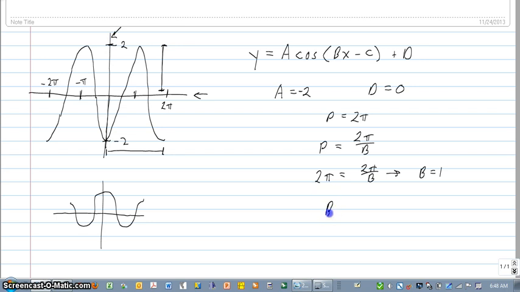So what we said was bx minus c equals 0, and if b is 1 and x is 0, then that means that c must be 0. So we also could have taken this to have been a sine graph shifted one way or the other, but I think that this is a whole lot easier.